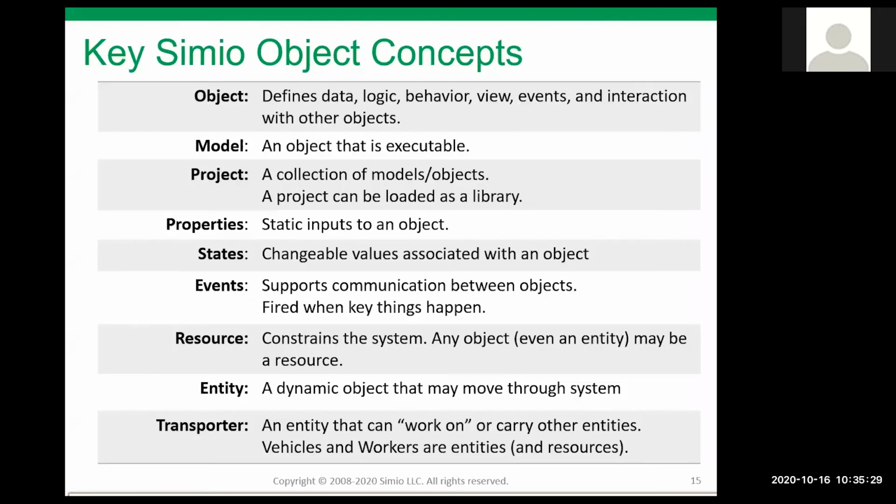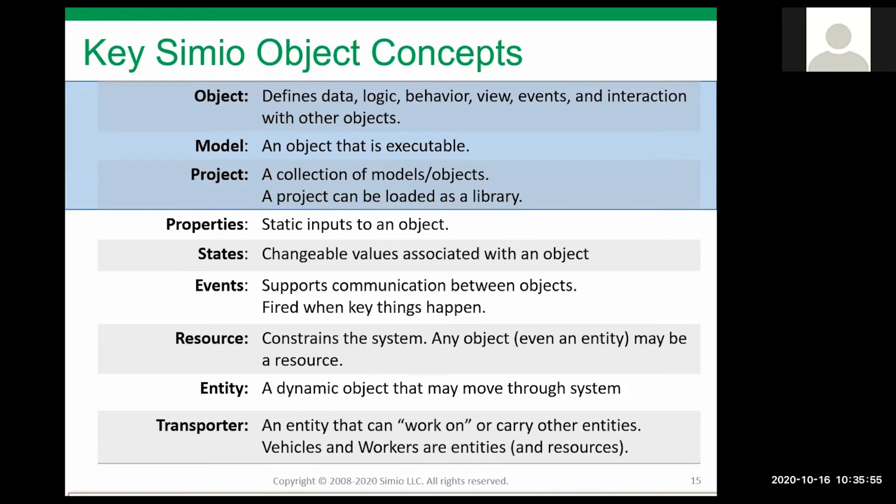Before I get back to that, let's talk about some general object concepts. The first thing is the concept of objects, models and projects. An object is something that defines data, logic, behavior, view, events, and interaction with other objects. Basically that means these are complex objects.